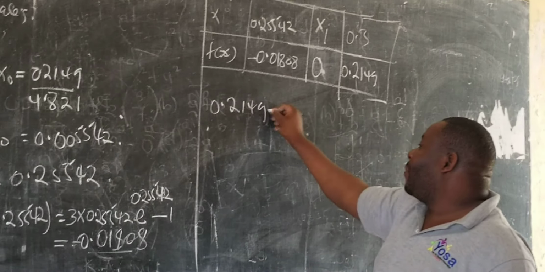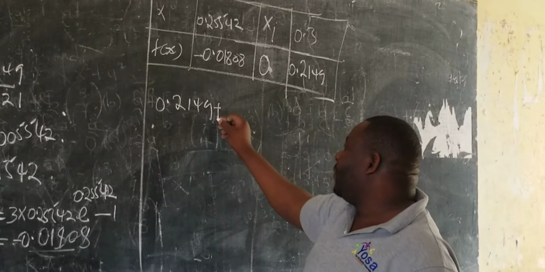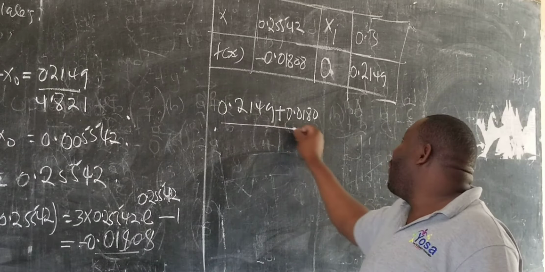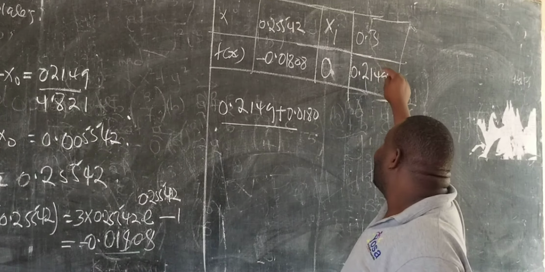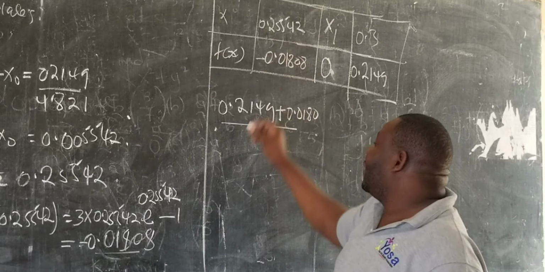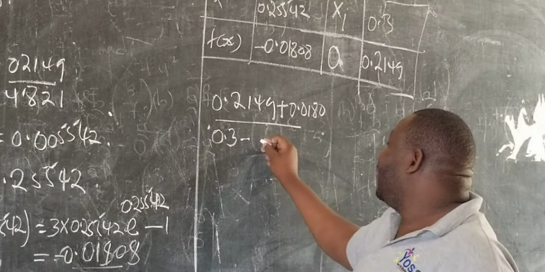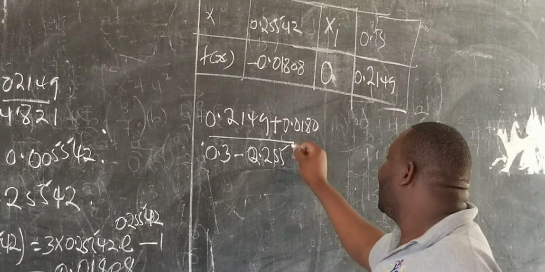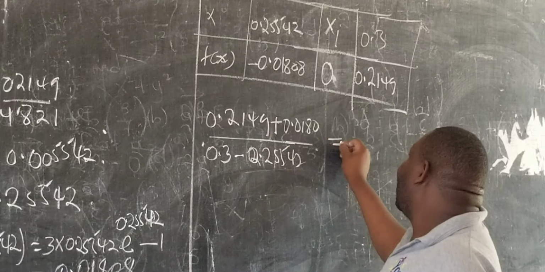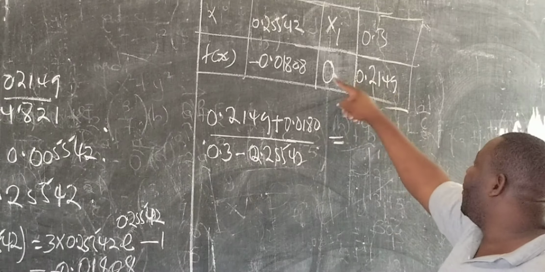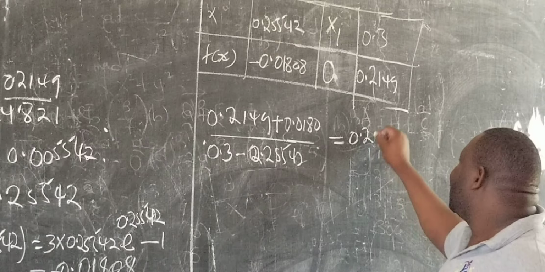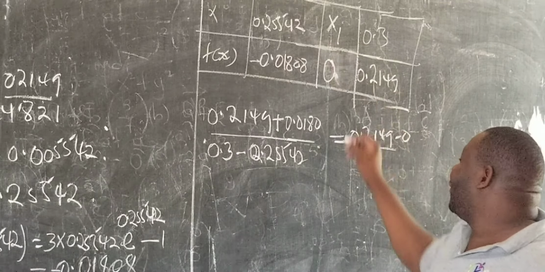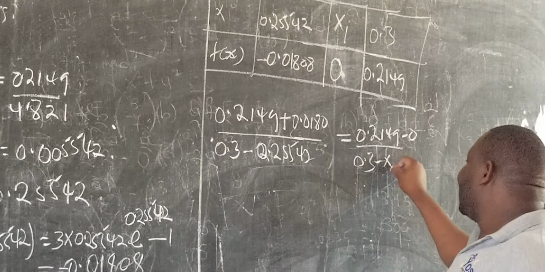This is a negative, it was supposed to be minus, but it becomes a plus: 0.01808 over change in x, this one minus that, 0.3 minus 0.25542. And everything equals change in y, 0.2149 minus 0, over 0.3 minus x1.